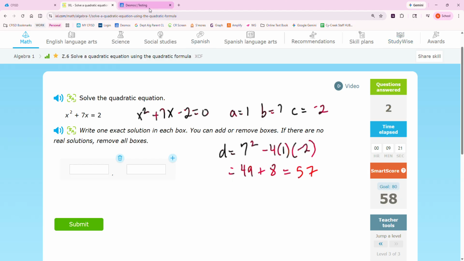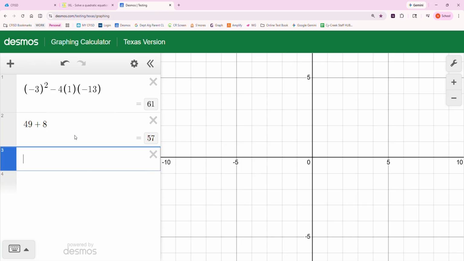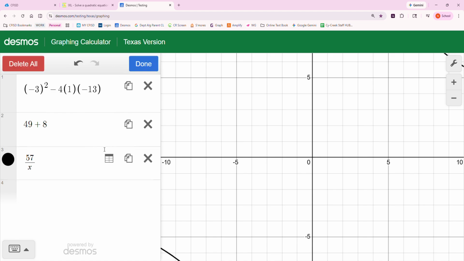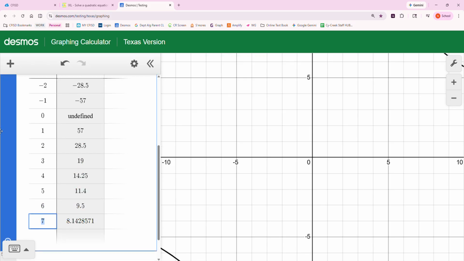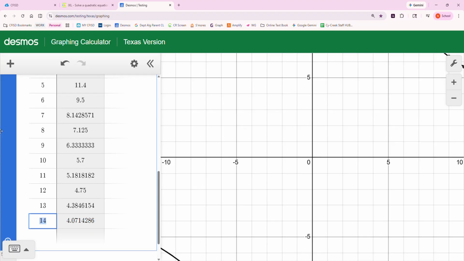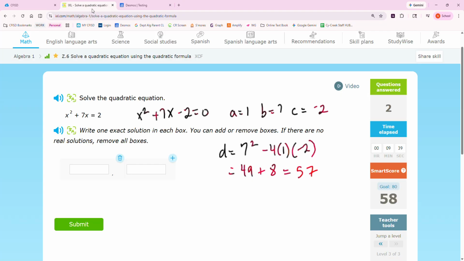Let's see if that has a perfect square. I don't think it does, but just to be on the safe side, let's verify. Nope, it does not.